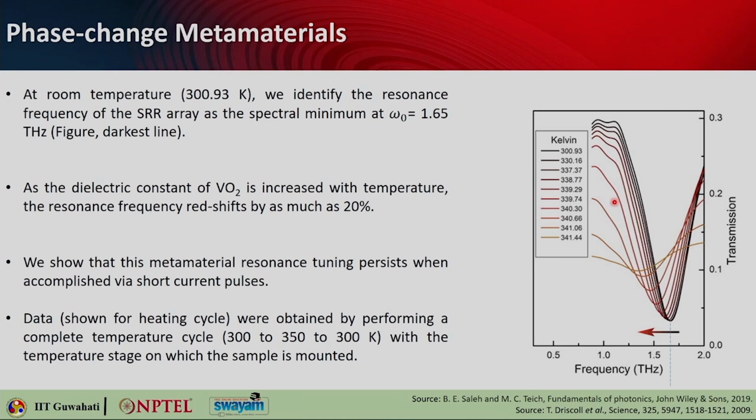The main objective here was to tell you that there are ways of making your metamaterial devices actively tunable. That means you fabricate your metamaterial, but then you put it on some material where, with some external stimulus like current, heat or optical excitation, you are able to change its property, and that change in the property will affect the resonance of the metamaterials.